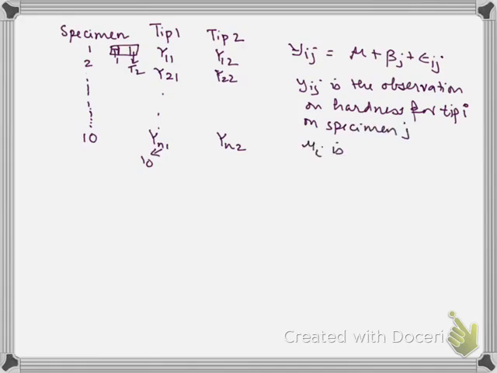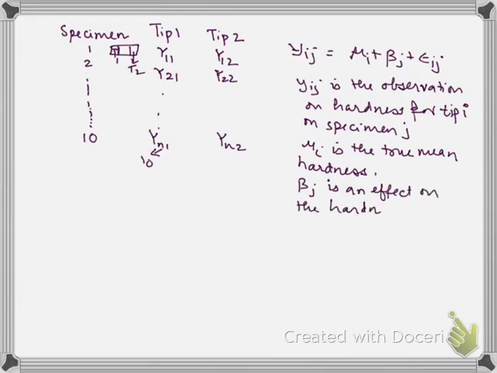Mu i is the true mean hardness for tip i, and beta j is an effect on the hardness due to the jth specimen, and epsilon ij is the random experimental error, with mean 0, variance sigma square.